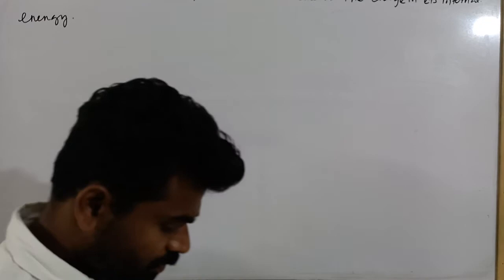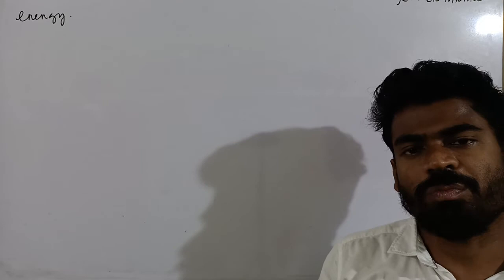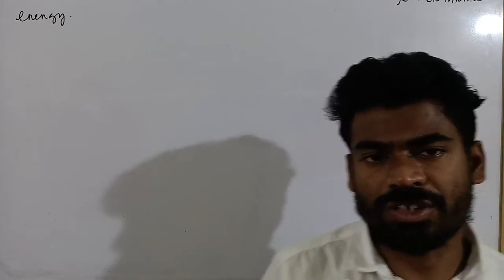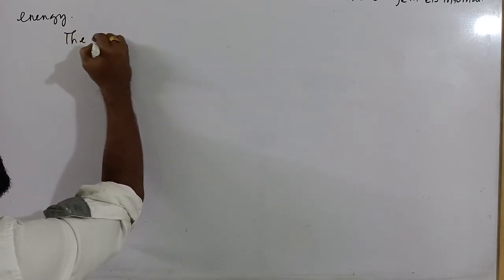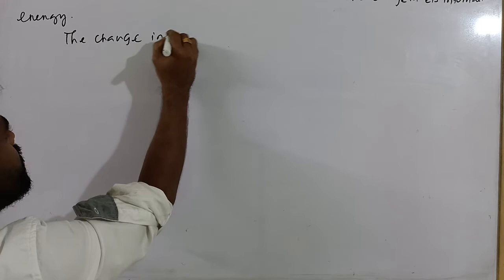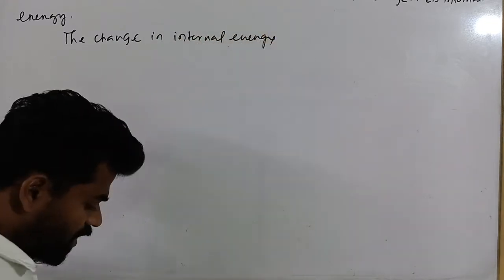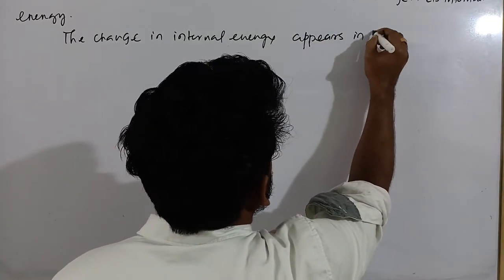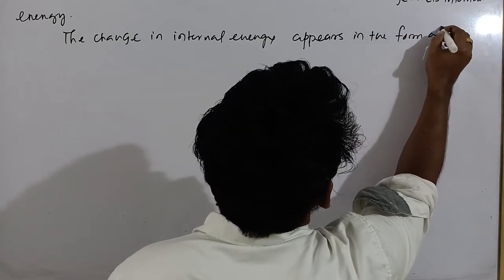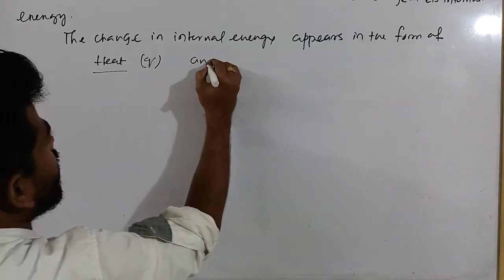Clear? And this internal energy change appears in two forms, very important. I have told you initially that the change in internal energy appears in the form of, first one important, that is heat, designated as Q, and work.